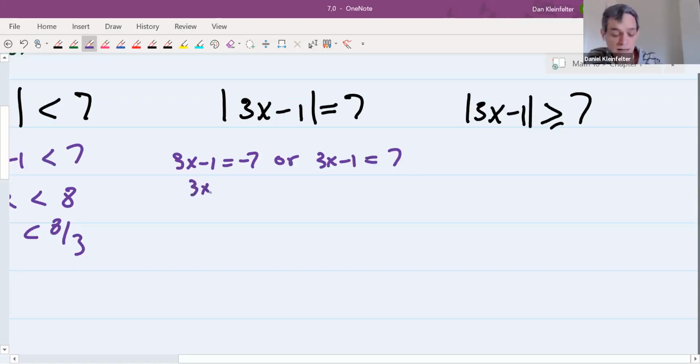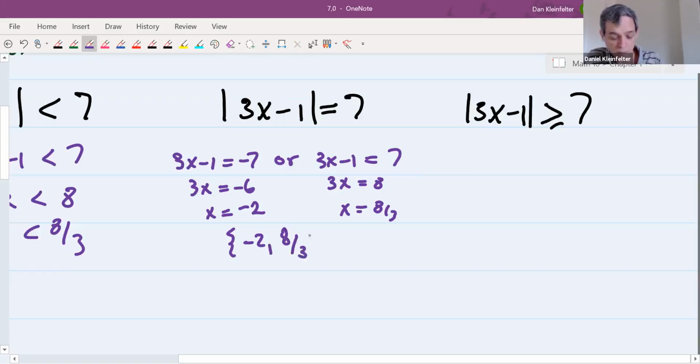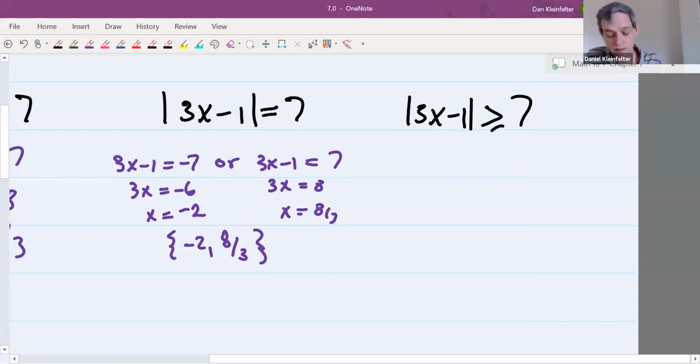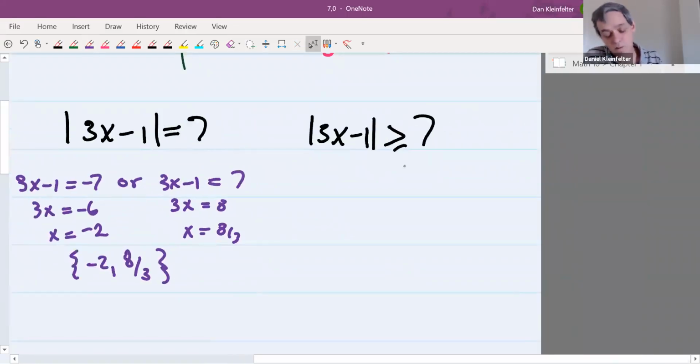Solving each of these separately, we'll get -2, and we'll get 8/3. So we'll have two distinct x values, -2 and 8/3. Okay, so then for the last part, we're going to do the absolute value of 3x minus 1 is greater than or equal to 7.